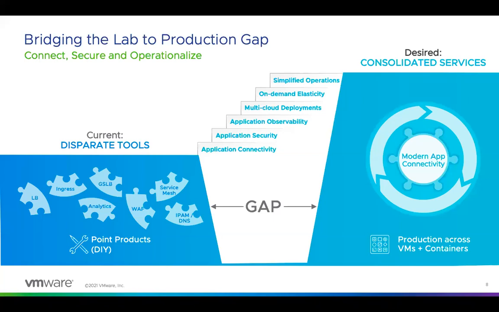That's why we bring these two products together, Avi, the NSX Advanced Load Balancer, and Tanzu Service Mesh, to help you bridge that gap. Now, without further ado, let me turn to Bhushan to talk a little bit about the Avi architecture and what we do as ingress services.